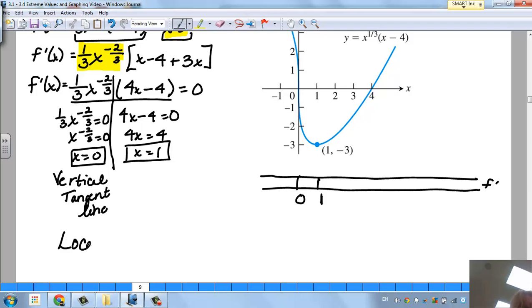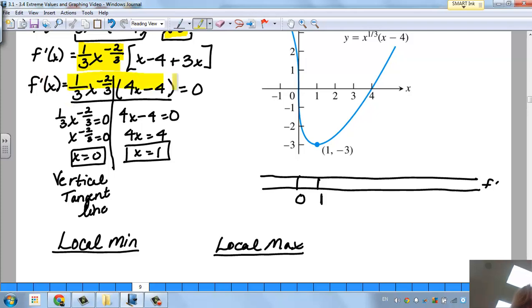I'm going to do local min, and that means minimum, and see if we have a local max. I don't see if there is one, but we'll check it out. The first thing I'm going to do is go to this factored form that I have right here. I'm going to go to the left of 0 so I can put a negative 1.